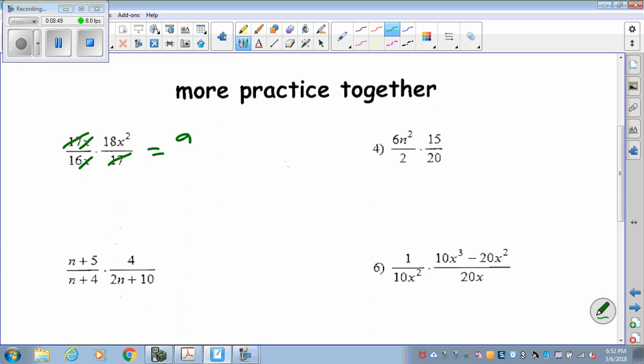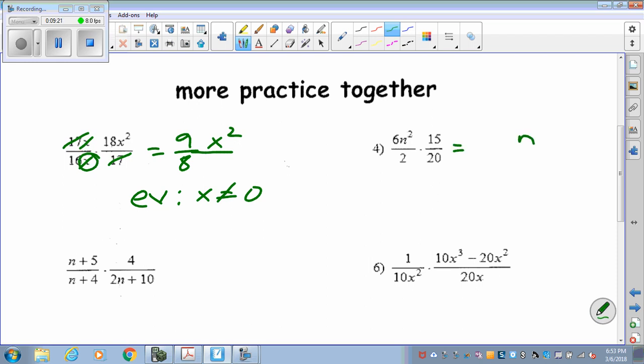All right, so I have 9/8, and then all that's left is the x squared, so that would be on top as well. And that is my answer. Excluded values would be x cannot equal 0 because you have that x by itself in the denominator. All right. Here I don't have any excluded values because there's no variables down there.